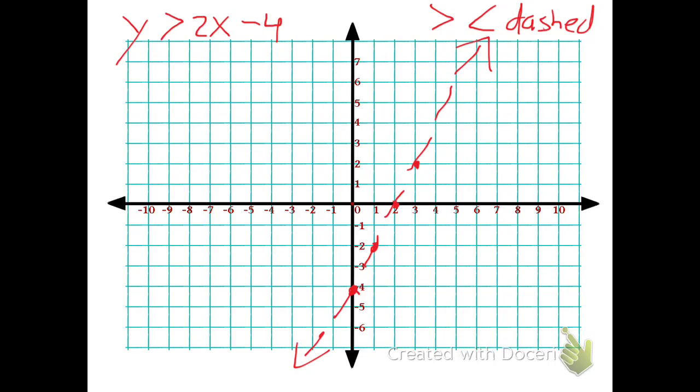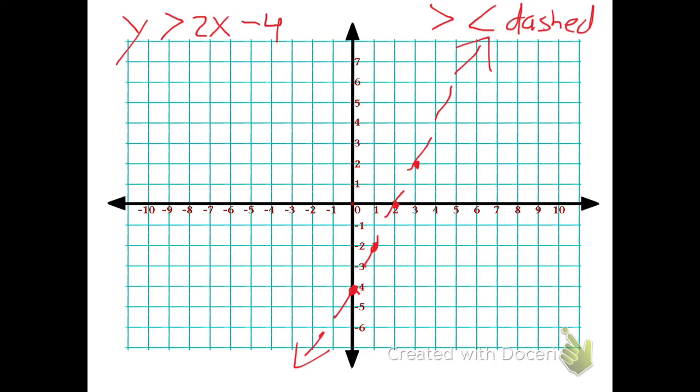Okay, so now that we got the line done, we now need to shade. You're either going to shade this side of the coordinate plane, or the other side. Your shading would pretty much look just like that. But we have to figure out which side is going to get shaded.